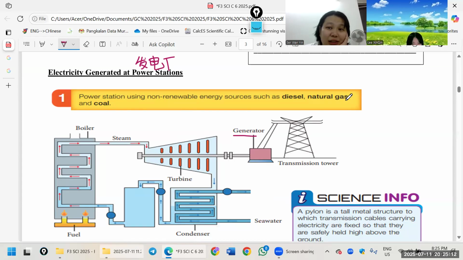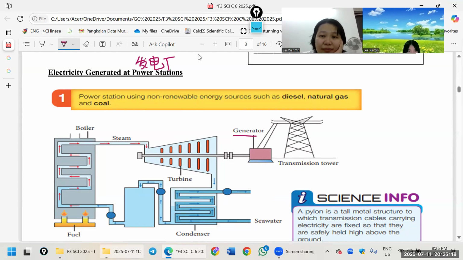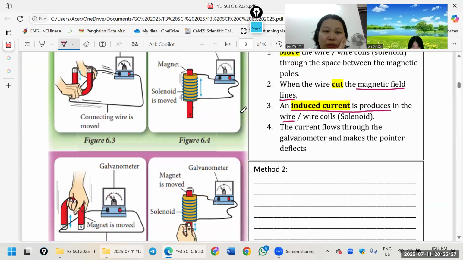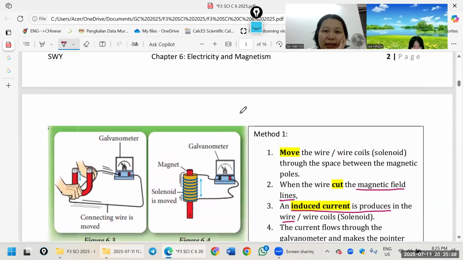Okay, when you watch here, you also need to recall inside generator got what? Inside generator got these two things.